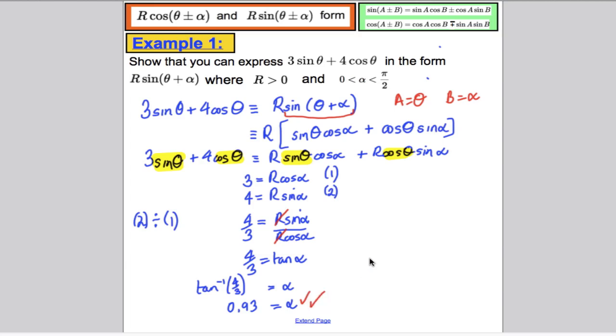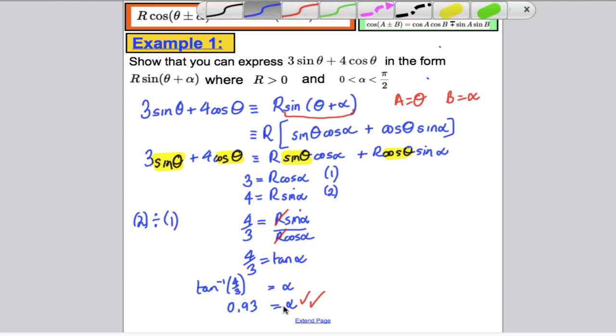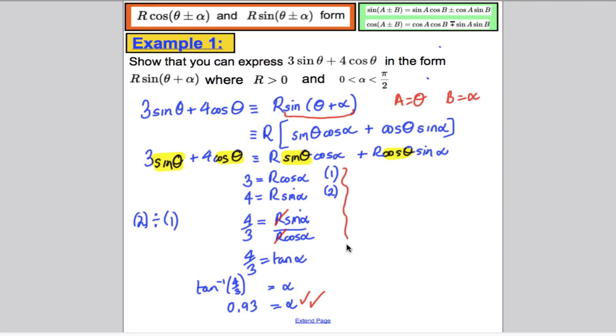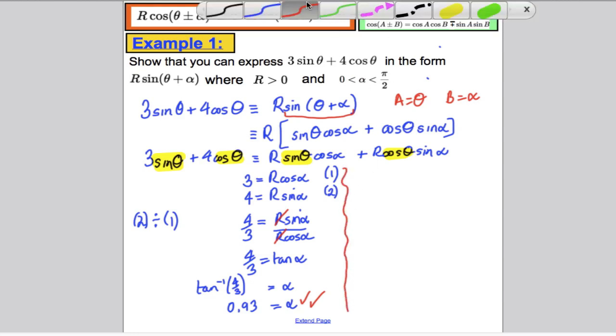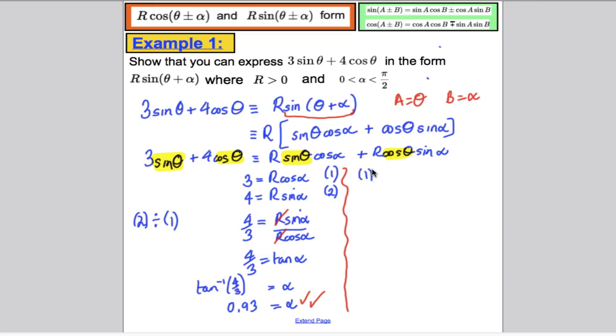Okay, could we find r? Well, we could. We could find r by substituting this alpha up here, and that would also work. Perhaps slightly better than that, I'll do some extra working over here. If we squared equation 1 and added the square of equation 2, what would we get?